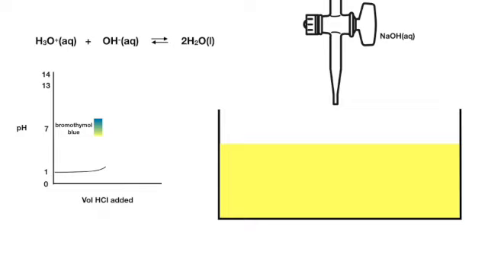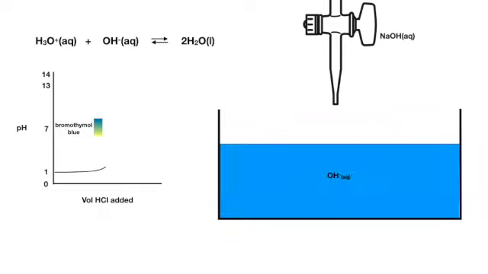And then I do one more drop, and that base lingers, changes and like that 1 or 2 drops makes that happen. Like that whole line happens with 1 or 2 drops. That's why it's turned blue now, because we're now above the blue point of that indicator. Then as I keep adding in base, my titration finishes off. Now base is just piling up, pH of 13, and there we go.